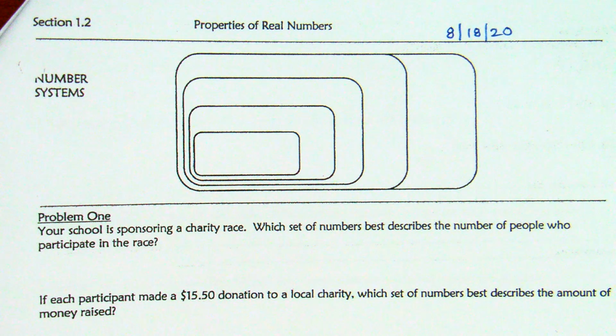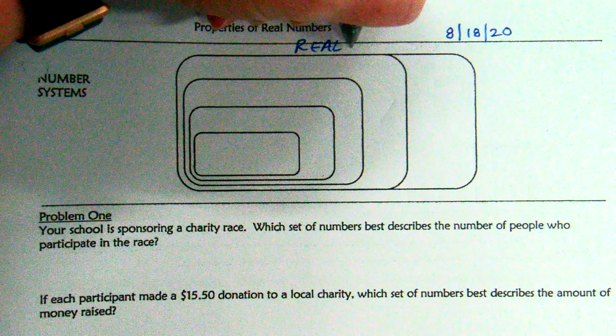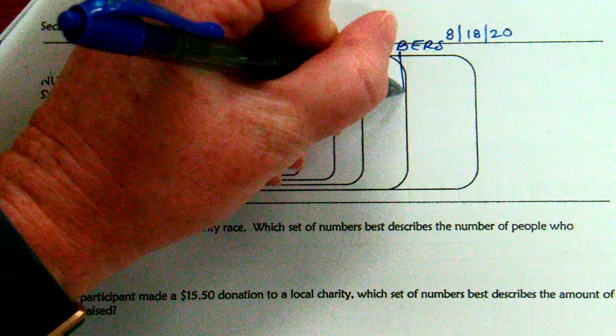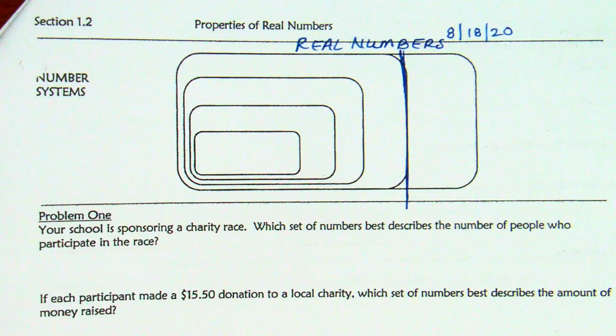Now, I'm going to label this whole diagram here as representing real numbers. Real numbers are broken into two categories. Real numbers either are blank or blank.